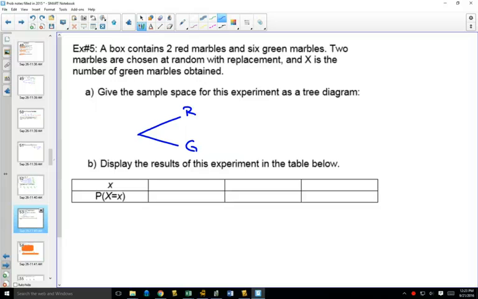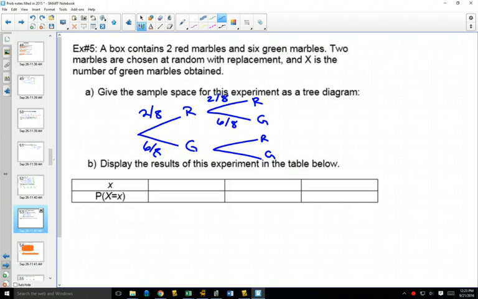The chance of getting red is 2 out of 8. The chance of getting green is 6 out of 8. Then you choose your next marble. Again, you have a chance of red and green. And because the marble is replaced, it's still going to be 2 out of 8 and 6 out of 8.